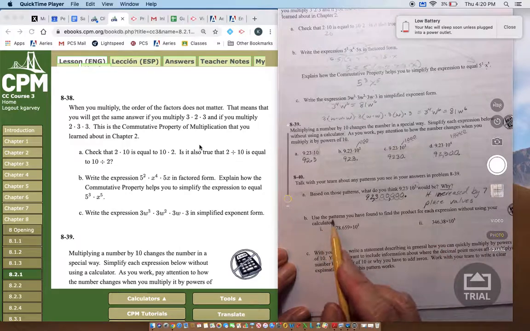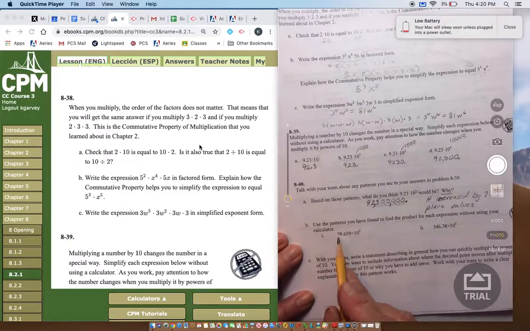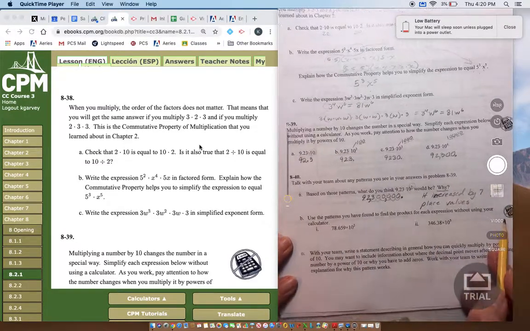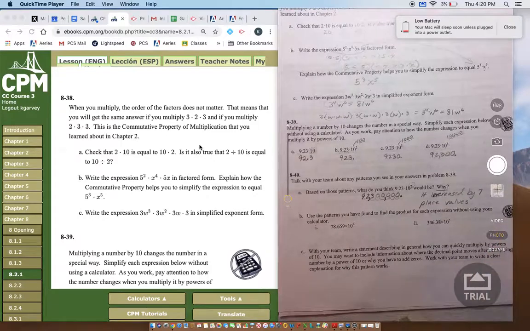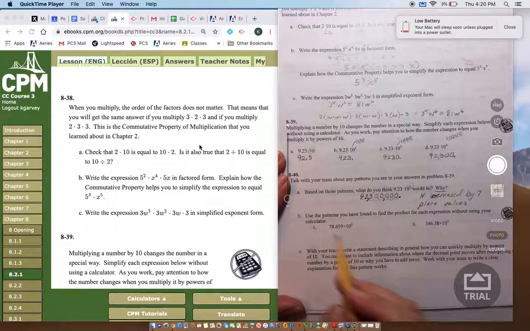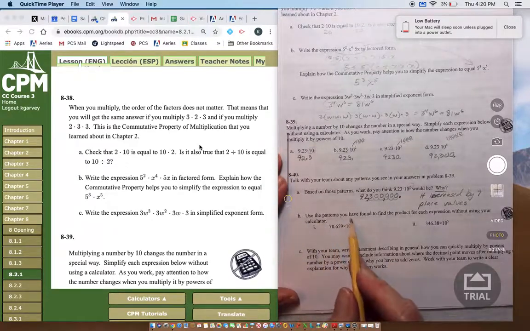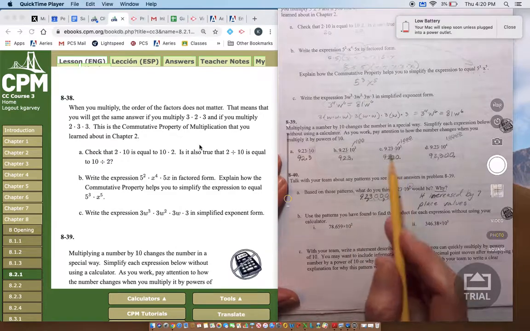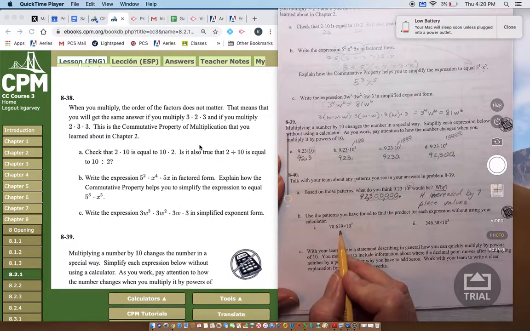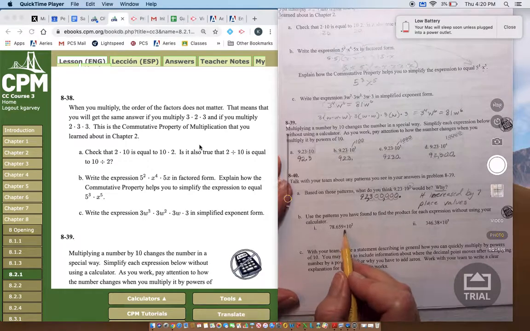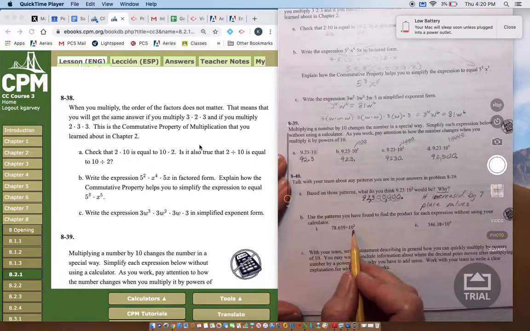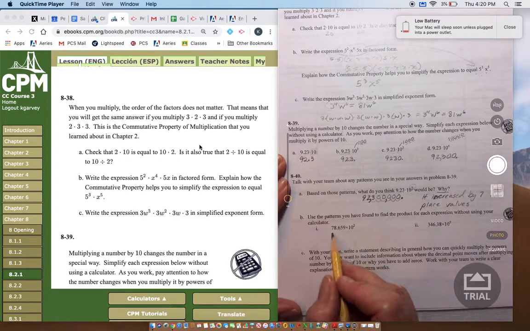So look at these patterns again and try to find the product for each of these without using a calculator. I'll rejoin you in just a minute. We're going to use the same patterns that we noticed here and here to figure out what this looks like if we simplify it.